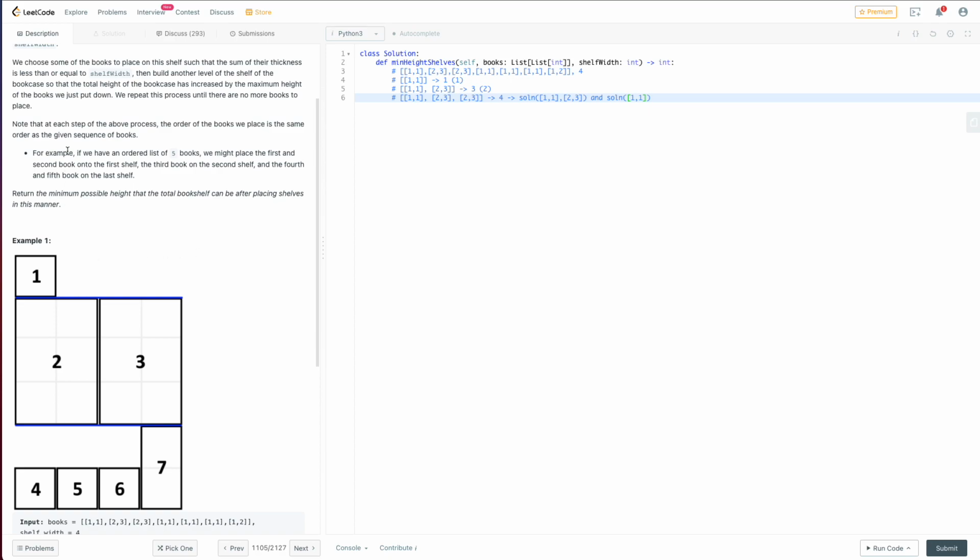Can this be a search problem where we start with 1 and then 1, 2? And then for every new block, we consider putting it on the same shelf or the next shelf. So for example, place block 1 and then do some calculation, place block 2 on same shelf or next shelf.